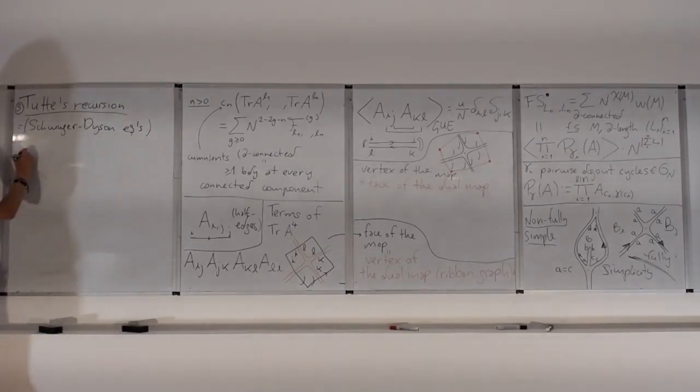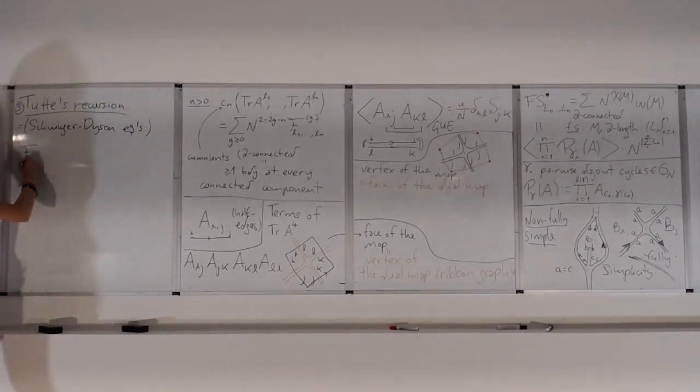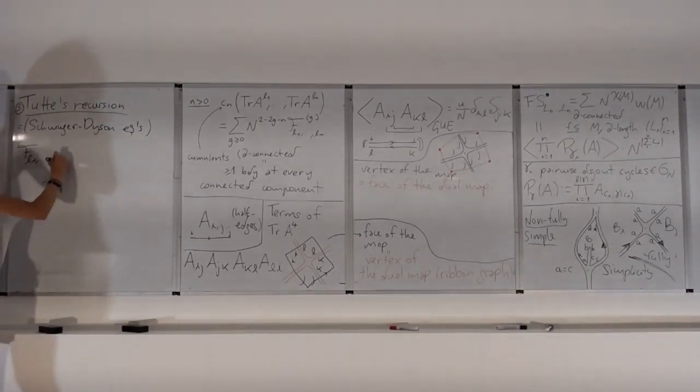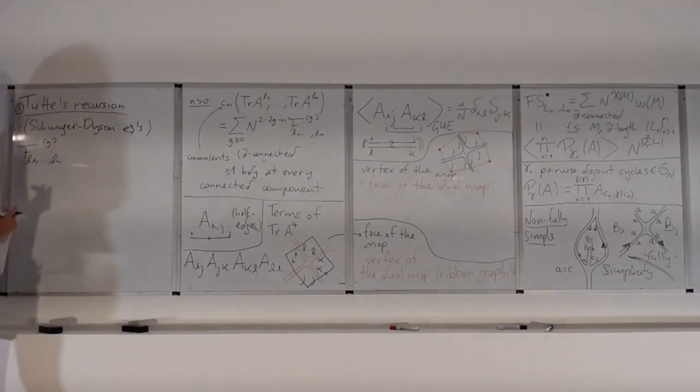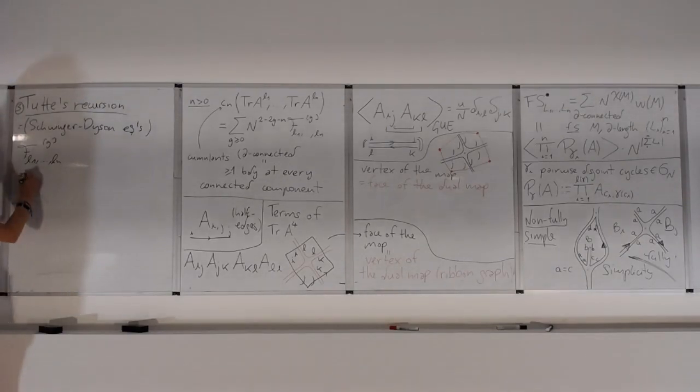So I want to start with this guy. This is the generating series of maps with fixed length and genus g. So I want to take any map.